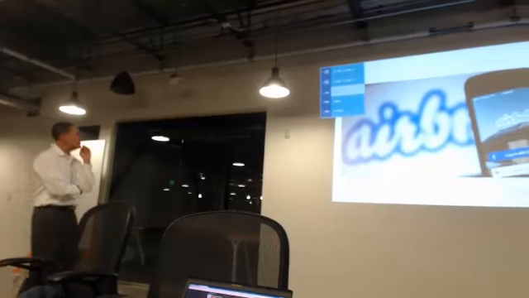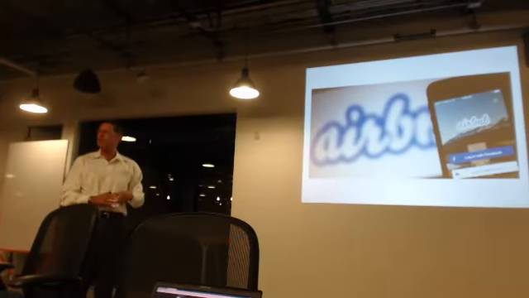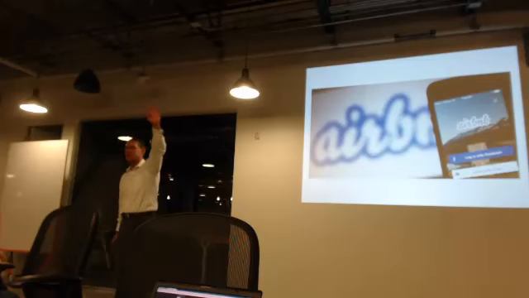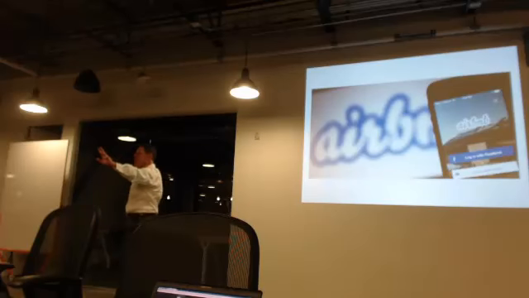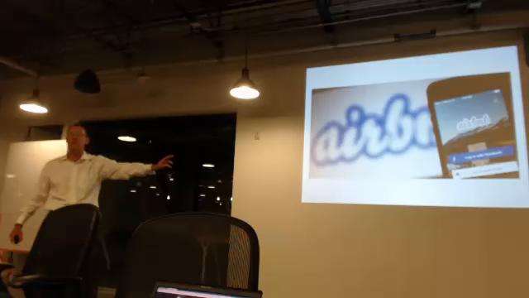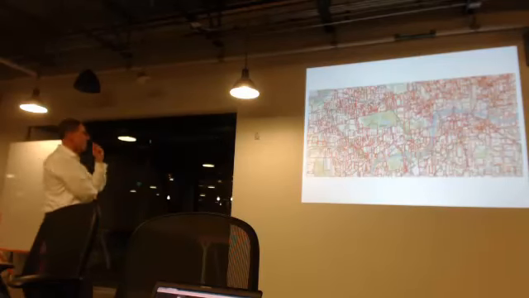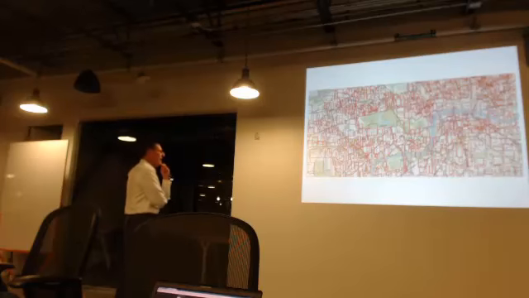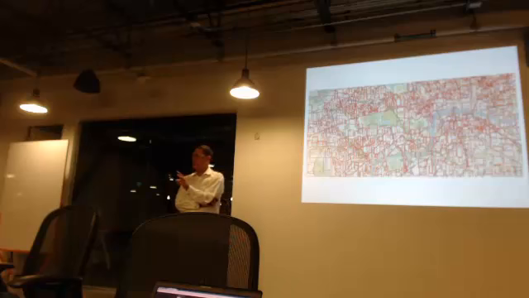So the classic example is Airbnb. I'm just curious, how many people have used Airbnb? It's wonderful. I mean, I will suggest to you that Airbnb is really a data science and machine learning company. So what is this? This is a map of all the different properties in Airbnb, and they basically do 2 things.